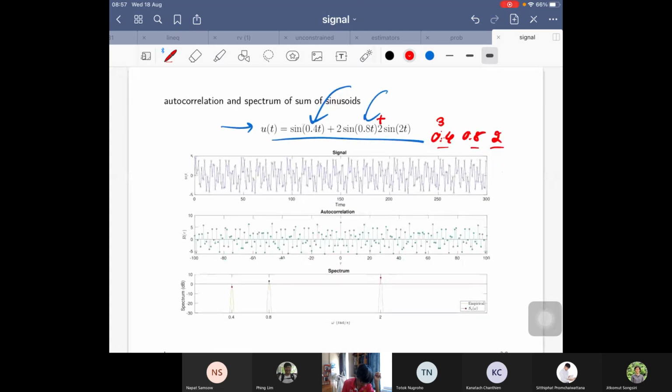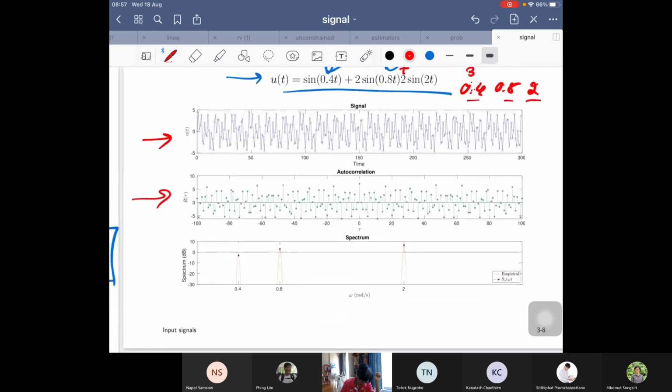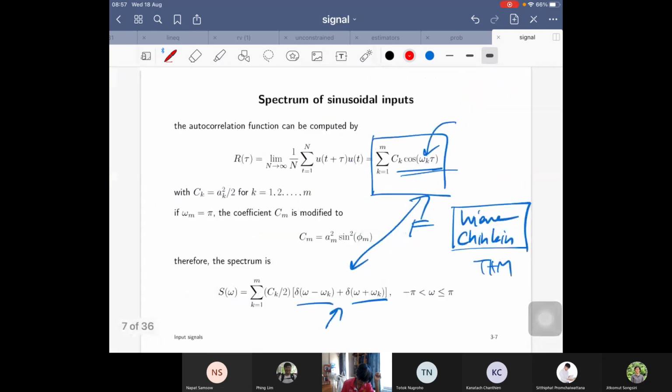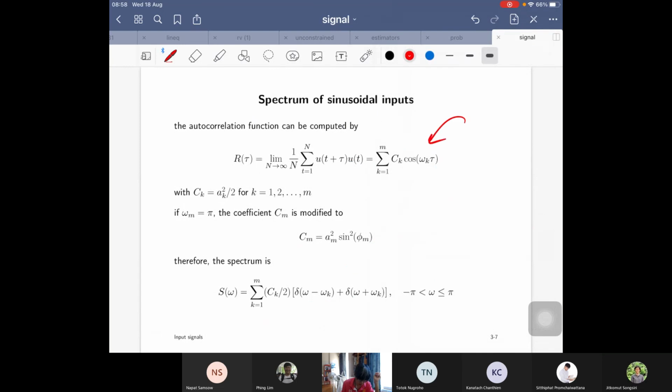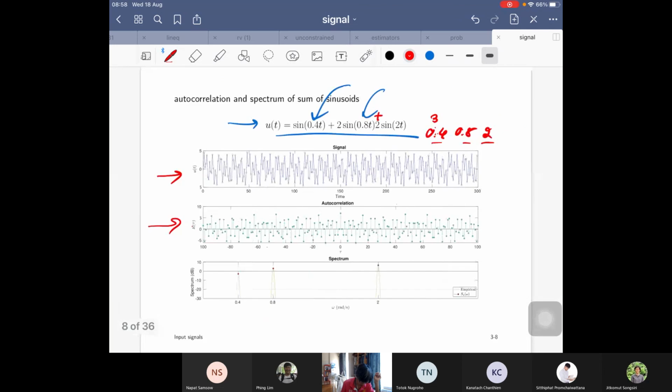And this is what you see in the time domain, and this is the autocorrelation function. These might not look close to the mathematical representation we see here, because it's supposed to be a sum of cosines.